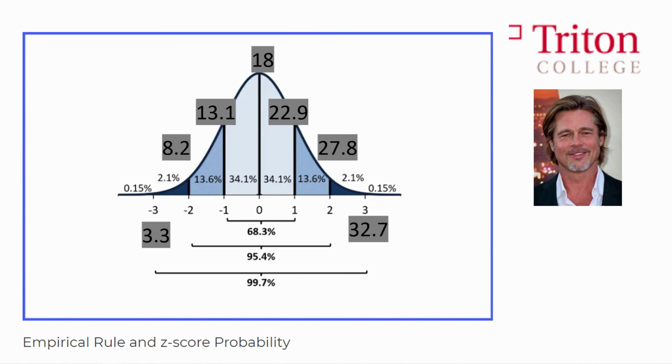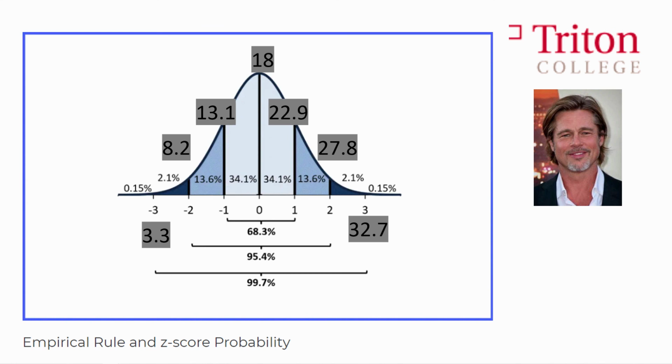So anyway, one standard deviation above the mean is 22.9, and one standard deviation below the mean is 13.1 minutes. The empirical rule also says that 95.4% of the values of my observations will be within 2 standard deviations of the mean.